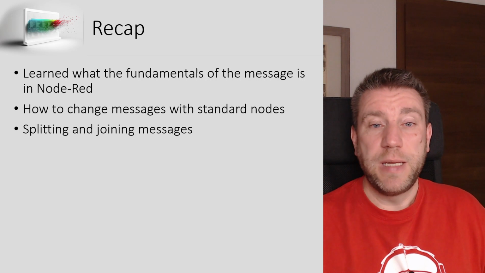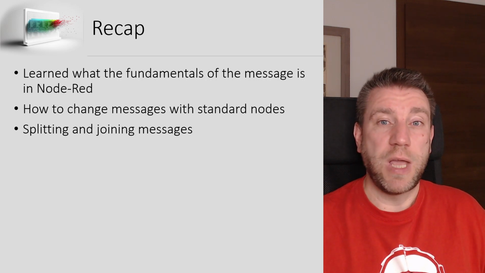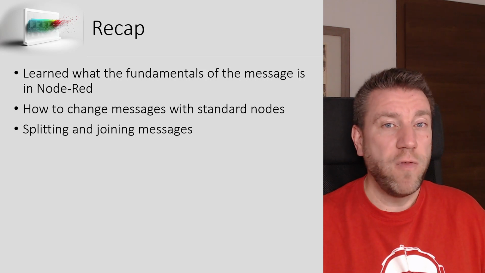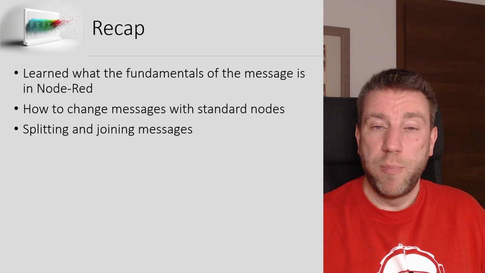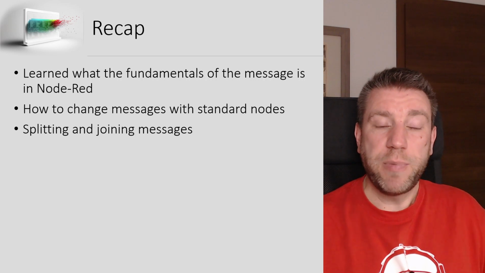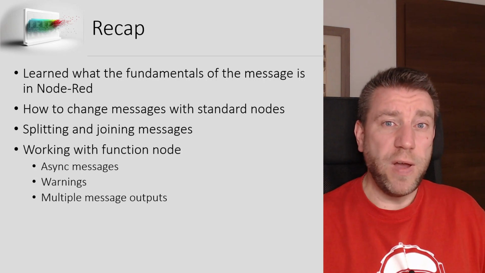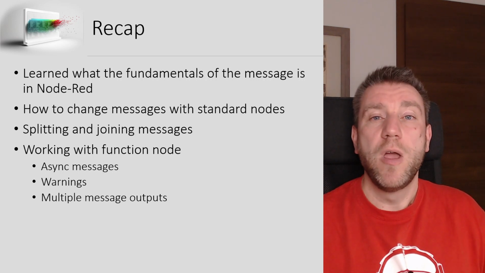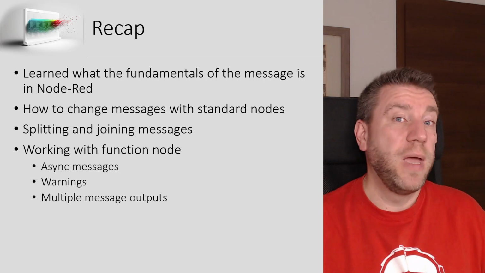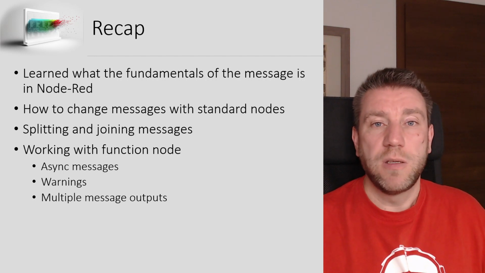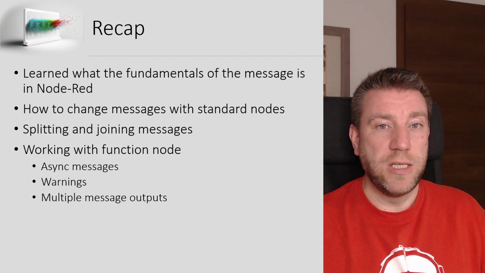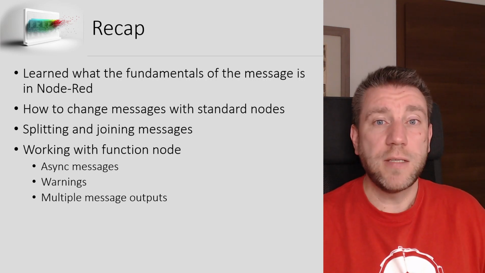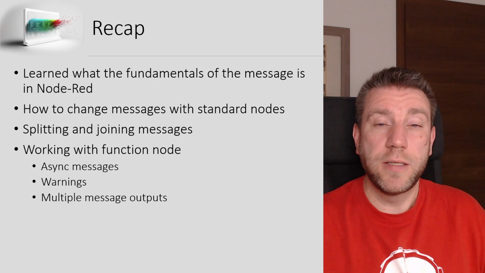We talked about splitting and joining messages, which is one way you can split complex messages like arrays or objects, and then process the individual pieces separately. And then finally, for most of the part, we talked about the function nodes, because I think this is where most of the magic happens with the message. So like async out messages, sending warnings, handling multiple outputs, and some interesting quirks along those lines.